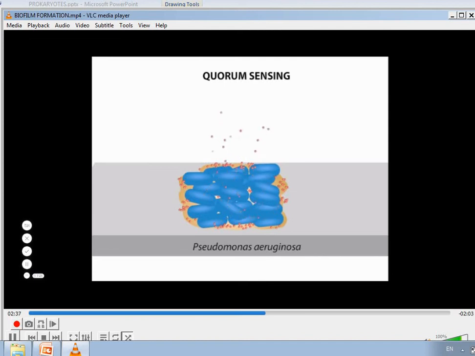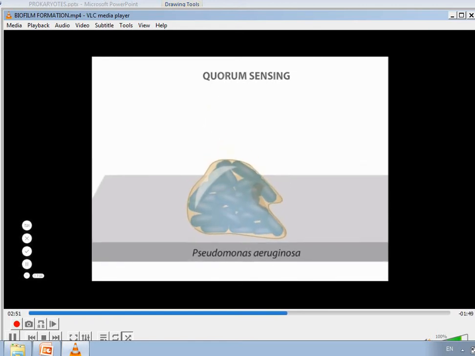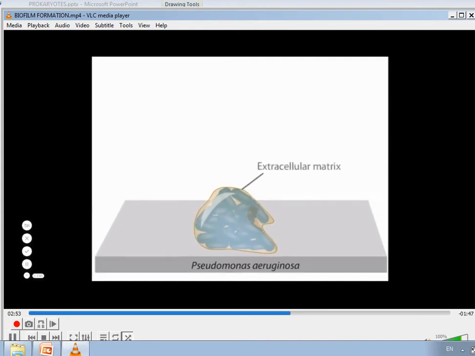This concentration triggers genetically regulated changes that cause cells to bind tenaciously to the substrate and to each other. Quorum sensing may influence the amount of extracellular matrix produced by the cells. This thick, slimy material consists of polysaccharide polymers called exopolysaccharides and entrapped organic and inorganic materials. The extracellular matrix protects the cells from damage from environmental assaults.